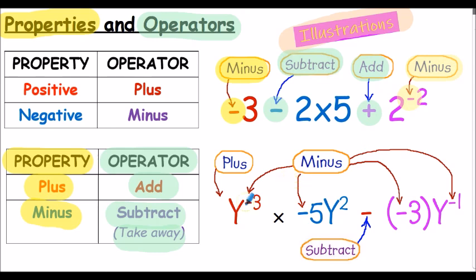Considering the lower calculation, we would have plus y to the minus 3 times by minus 5y squared, subtract minus 3y raised to the power of minus 1. So sometimes this different terminology can be used within calculations.